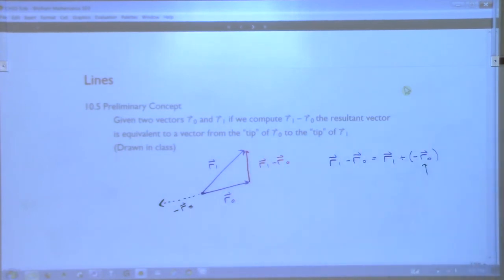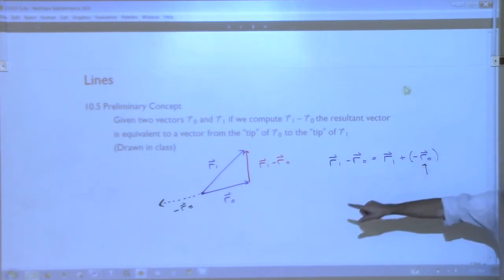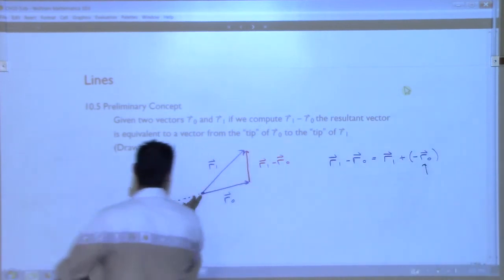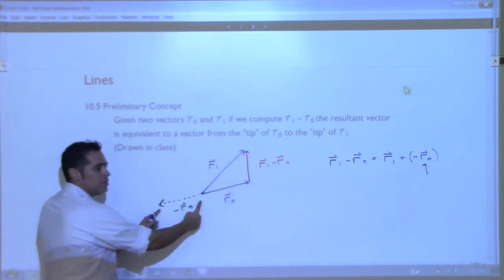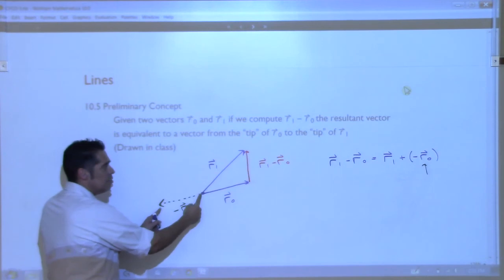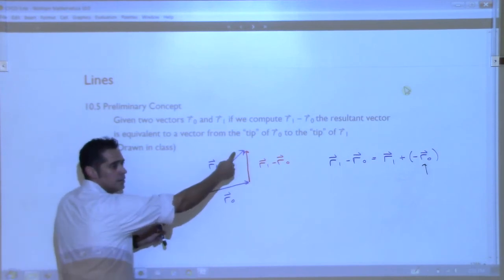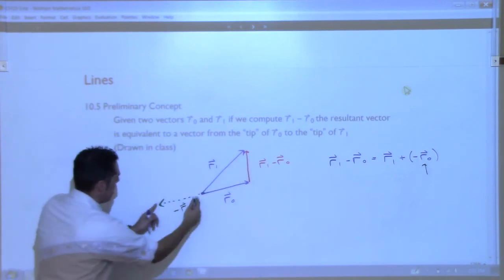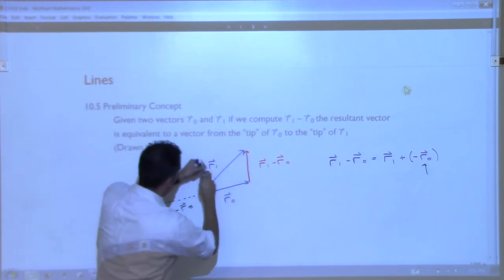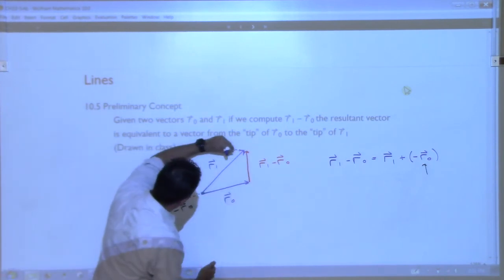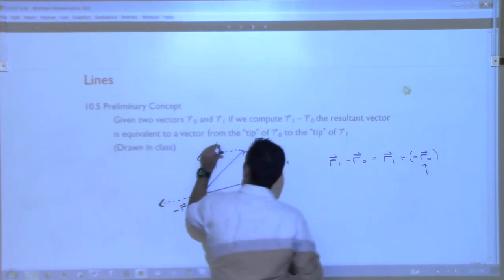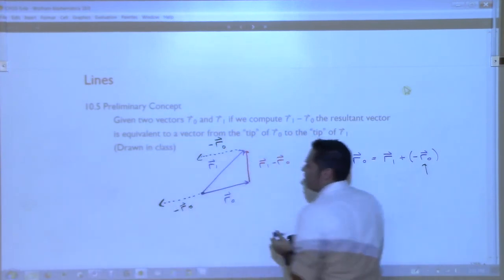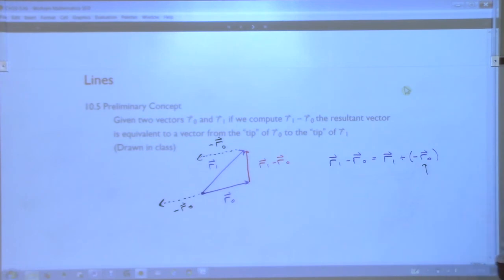And now if I'm taking R1 and I am adding to it that black vector, then I have to attach this one to the tip of R1. So imagine taking this, sliding it up, and attaching it right here. You would get that's negative R0, right? Do y'all see that?